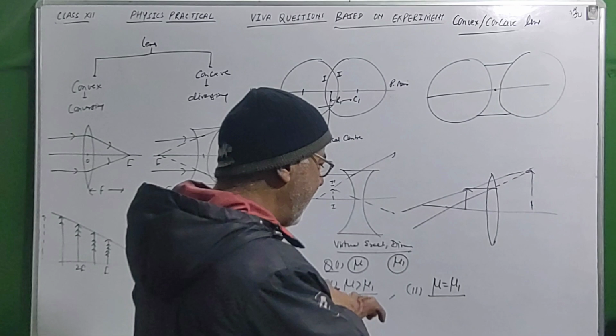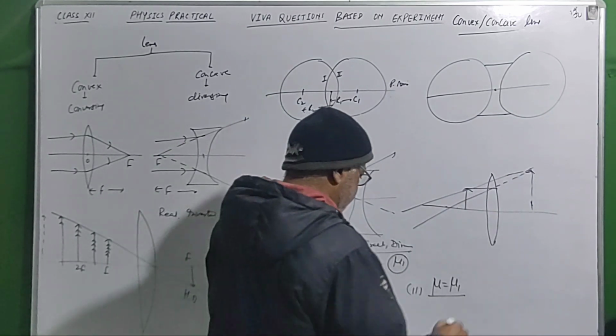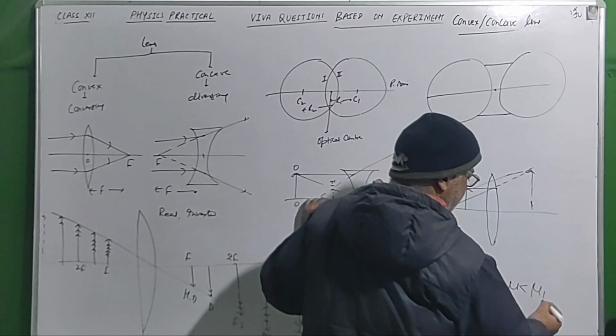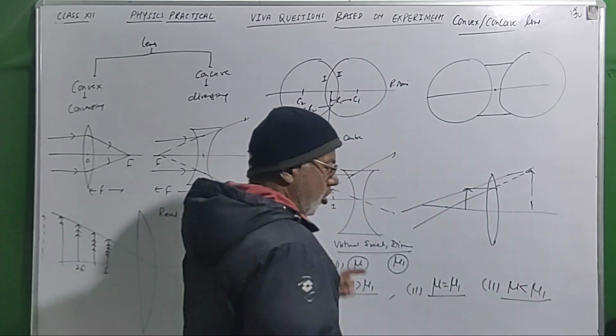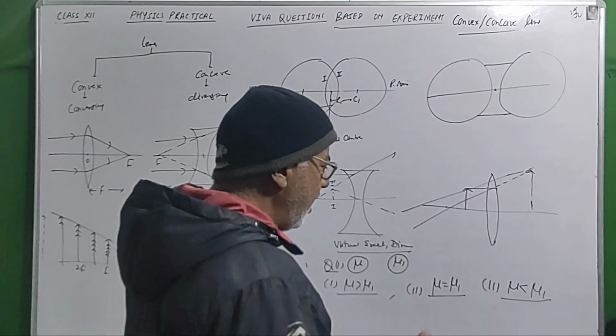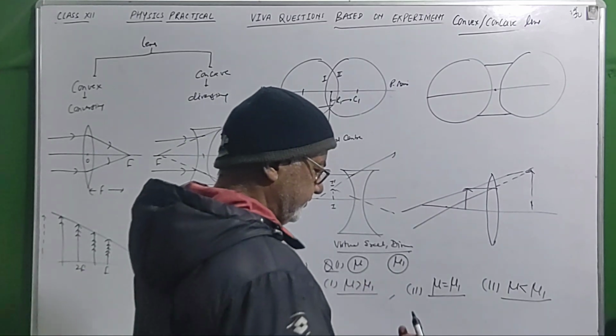It behaves like a plain glass plate. Third, if mu is less than mu1, the nature of the lens changes. A convex lens behaves like a concave lens and a concave lens behaves like a convex lens.